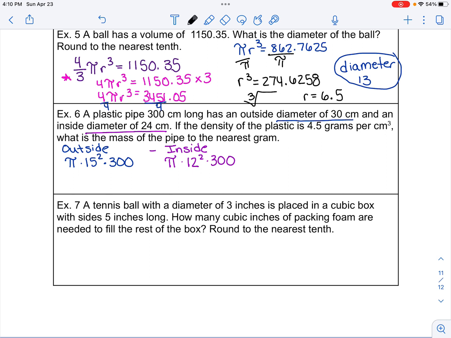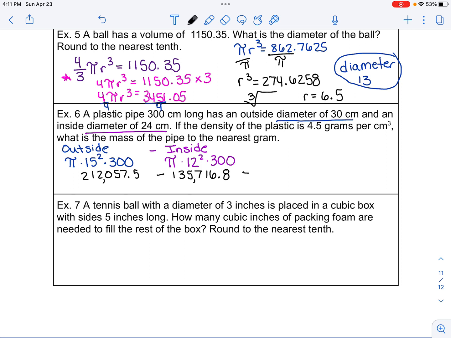If you do them individually, this is 21,205. Oops, still wrong on that. It's even bigger. 212,057.5 minus, if I did this one individually, this one's 135,716.8.